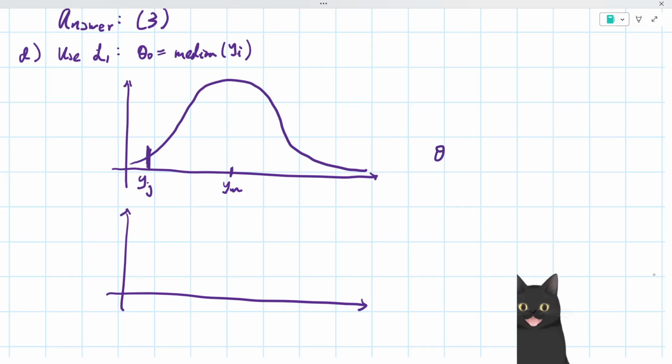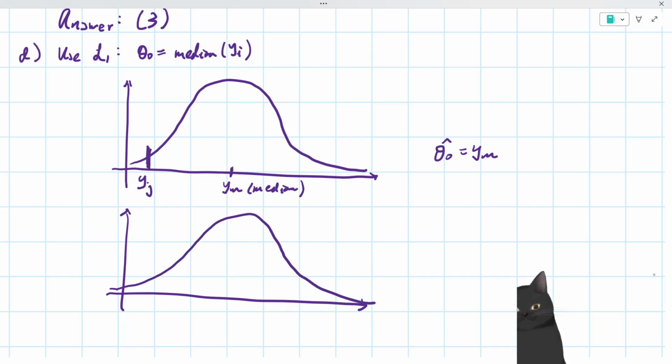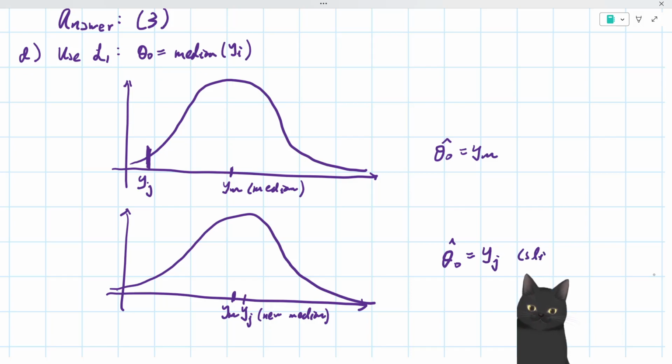So originally my theta naught is going to be equal to ym for optimal because ym is the median. I can change my yj to be really large, and eventually it replaces the median and becomes the new median. Then theta naught hat now becomes yj instead, which is going to be slightly higher than the median.